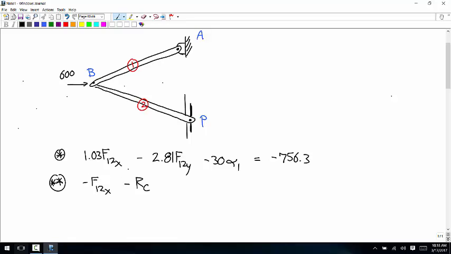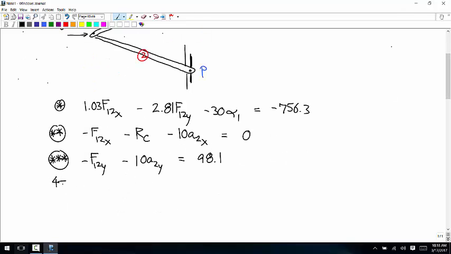But F12x minus RC minus 10 A2x. And that A2 is the acceleration of the center of mass of body 2. And then equation 3 is negative F12y minus 10 A2y is equal to 98.1.